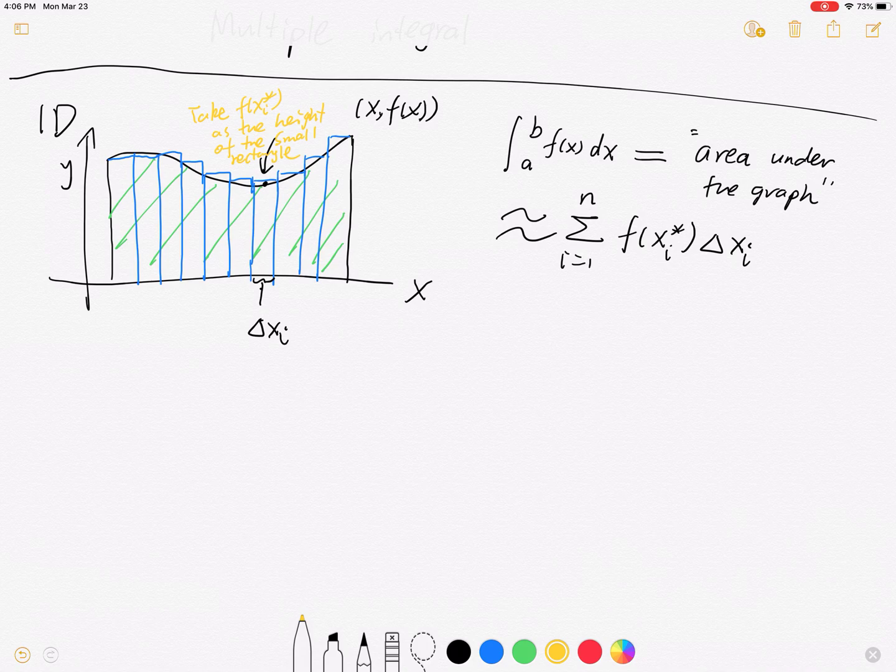It's within this interval. Okay, and take the limit.